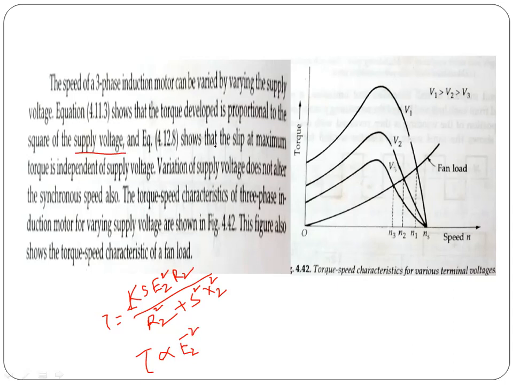The equation also shows that the slip at maximum torque is independent of the supply voltage, and the variation of supply voltage does not alter the synchronous speed. The torque speed characteristics of three-phase induction motor by varying supply voltage are shown in this figure. The figure also shows the torque speed characteristics of fan load.